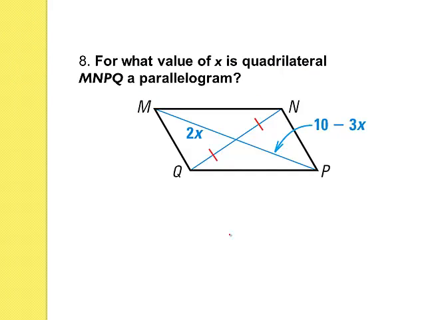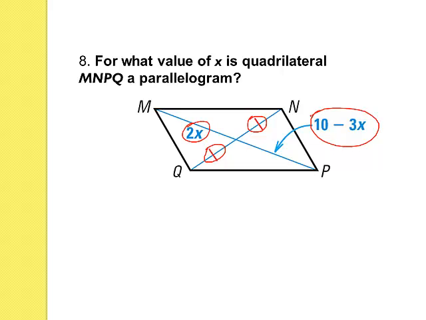Okay, next question. So we have, for what value of x is quadrilateral MNPQ a parallelogram? So again, if we know it's a parallelogram, go through all the 6 theorems that prove that something is a parallelogram. Again, we have these two segments here are congruent, which means that's a diagonal, which means that these two segments here have to be congruent as well.